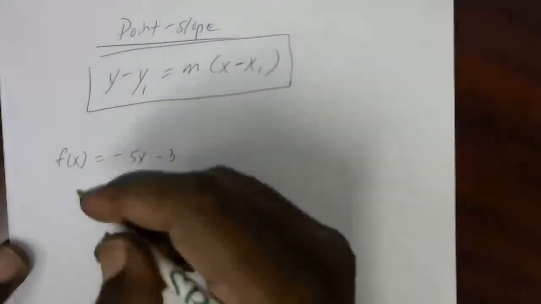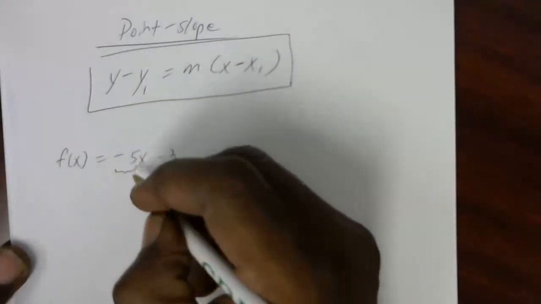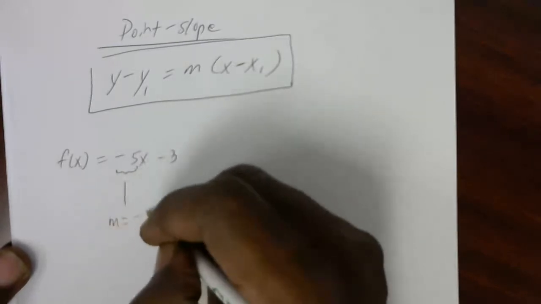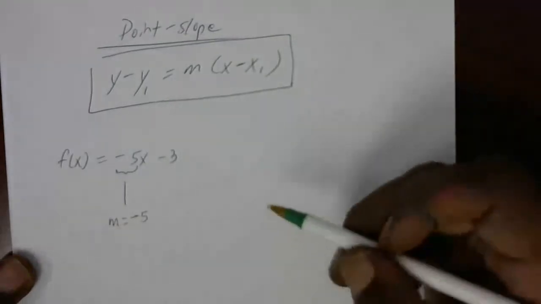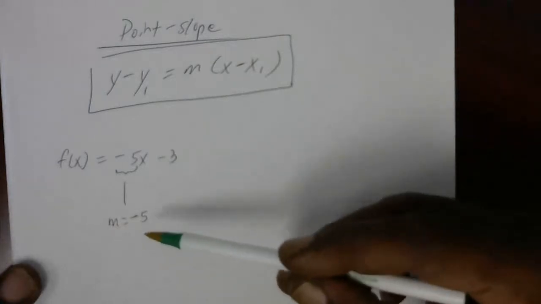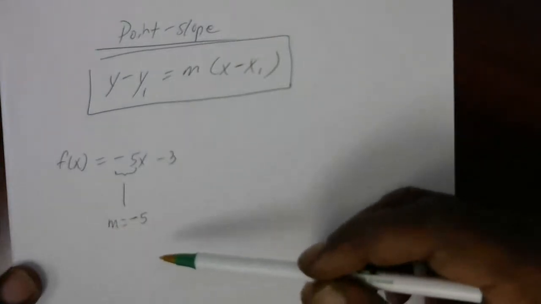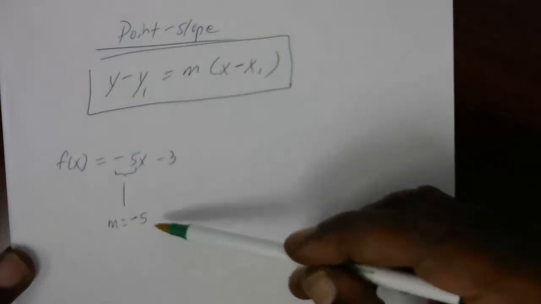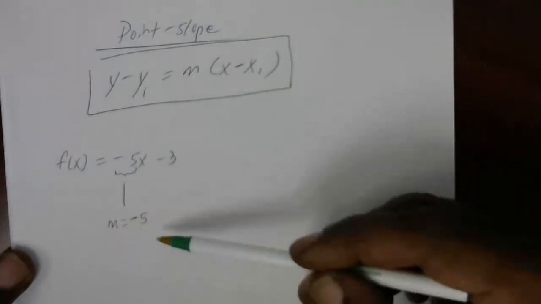The coefficient of x is our slope. So a line would be parallel to this line if it has the exact same slope. So the slope for our line should also be negative 5.